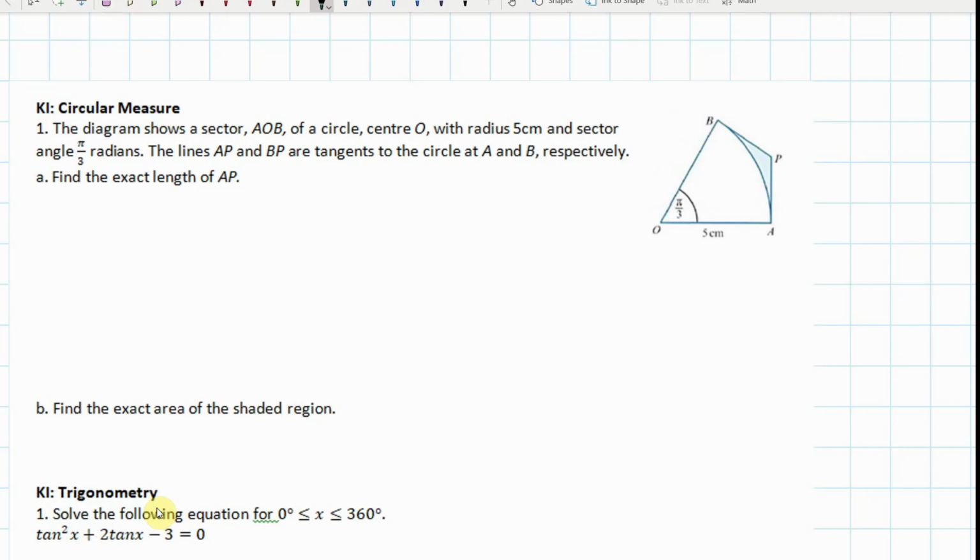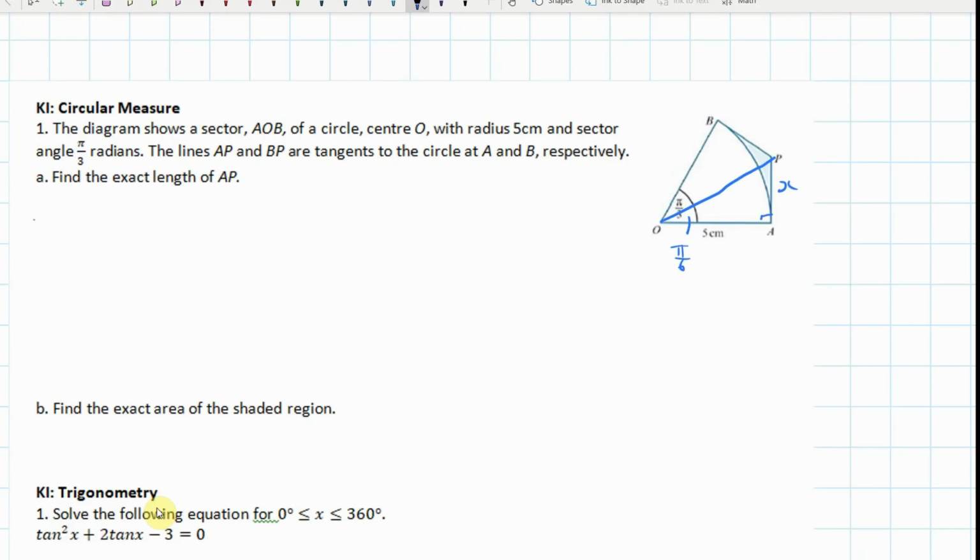Okay, here's the thing. If we just join up here to here, we know that this is a 90-degree angle because that's a tangent. And we want to find this length here, which is x, and we can use trigonometry because this angle here is going to be pi over 6.